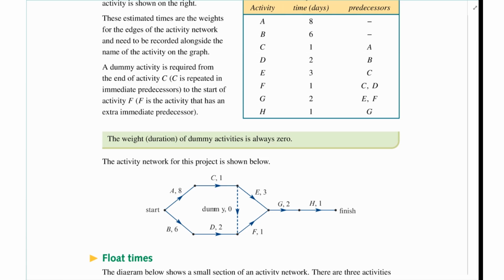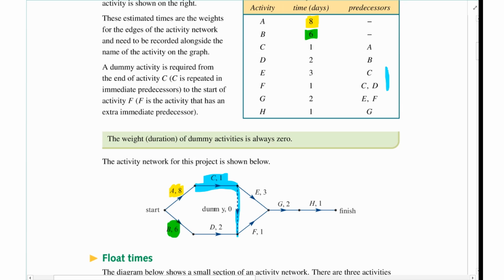And so that 8 corresponds to there. I won't do them all because I only want to pick 4 colors. The B is 6 and is here. The C, and as we learnt with dummy activities, there's a dummy activity here because C has 2 partners. Okay, so C is here and essentially going down to there, so F can start as well.